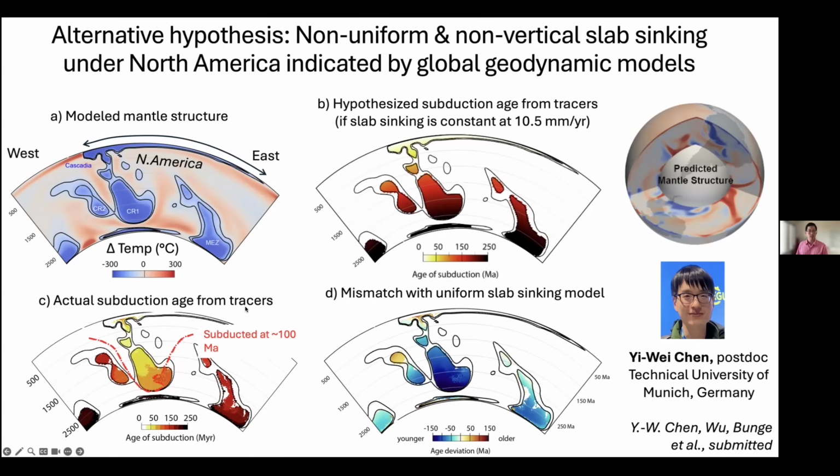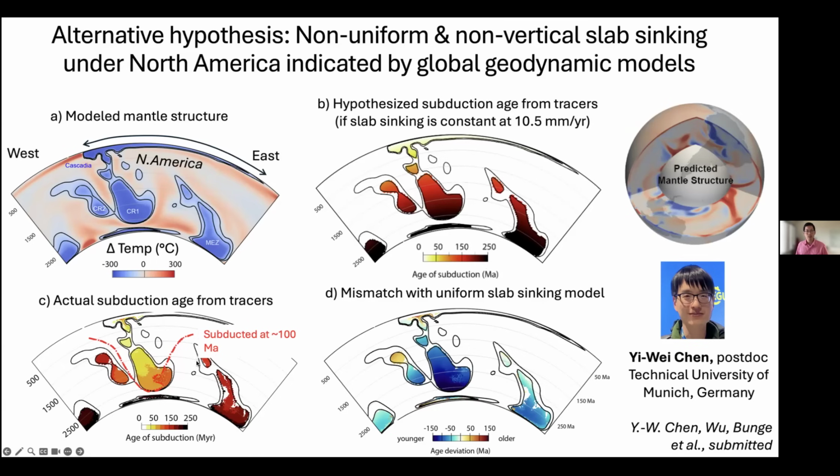This is the actual subduction age from tracers. And here in this red dashed line, you can see everything below this line was subducted before 100 million years ago, and everything above this line was subducted after 100 million years ago. So the sinking is non-uniform.